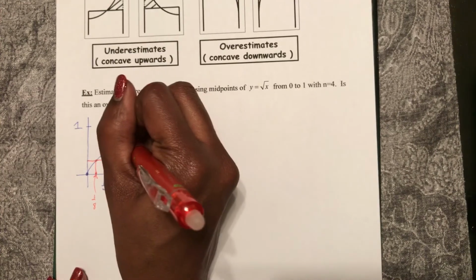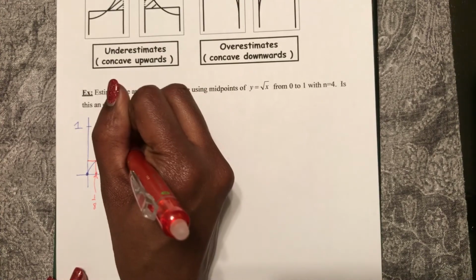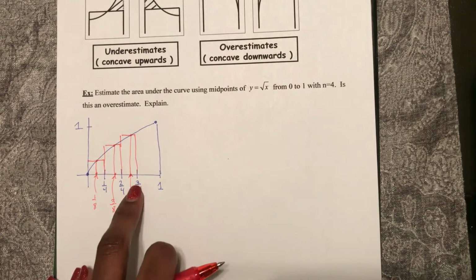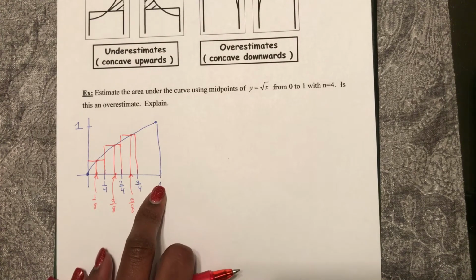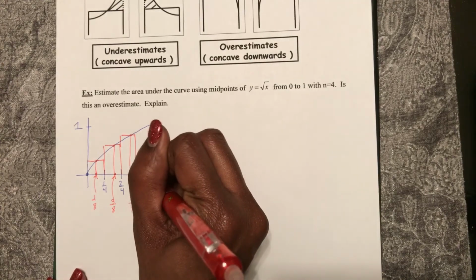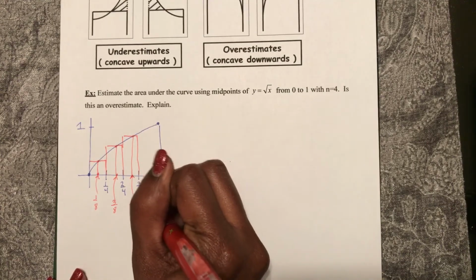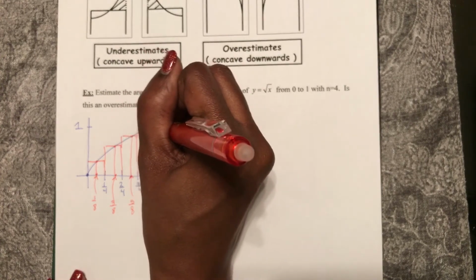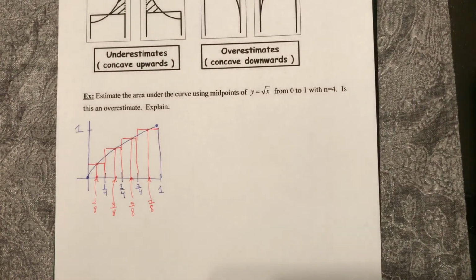That's the height we're going to use for that rectangle. Oh, that wasn't too nice. And then last but not least, 3/4 plus 4/4 makes 7/4, divided by 2, 7/8. So that's the height here we're going to use for that midpoint.